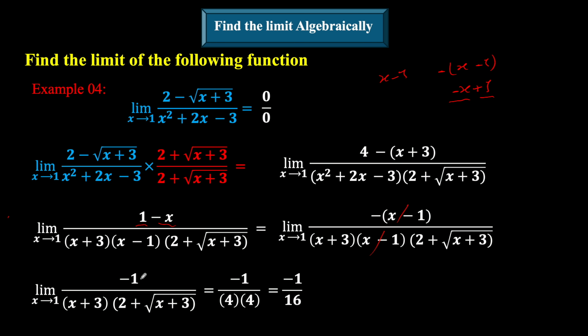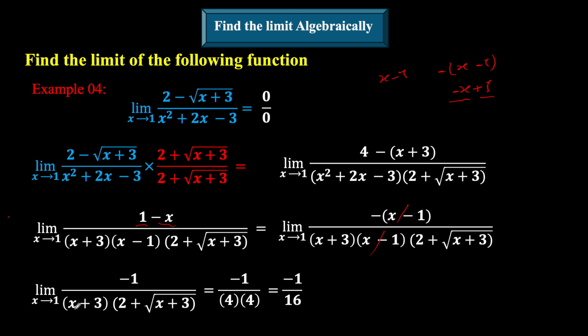And when this disappears with this, we had minus here, right? So minus 1 will remain here. And finally we have x plus 3 multiplied by 2 plus the square root of x plus 3. So this is equal to, so now we find the limit as x approaches the number 1.